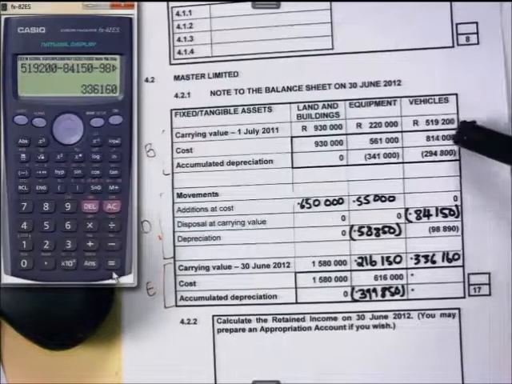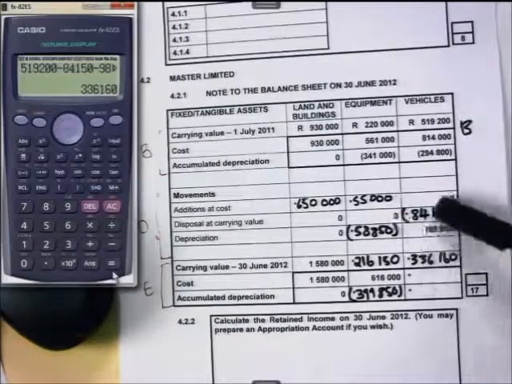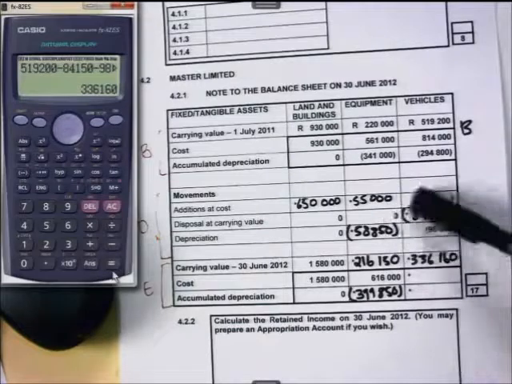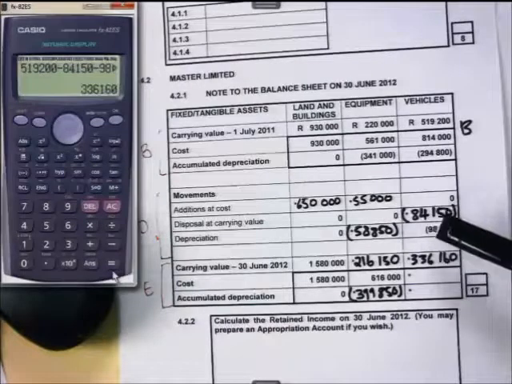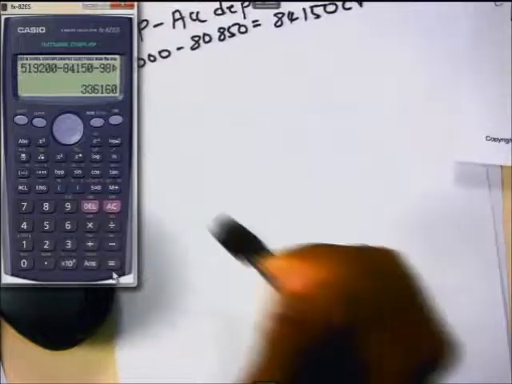Now if you check there, they say we started with vehicles to the value of 814,000. We sold something, but we sold what? We sold one vehicle to the value of 165,000. Remember our calculation there.